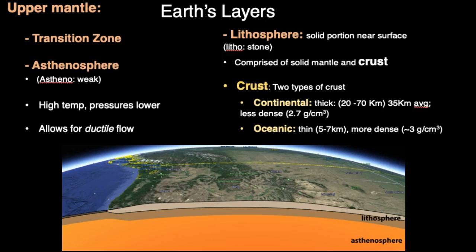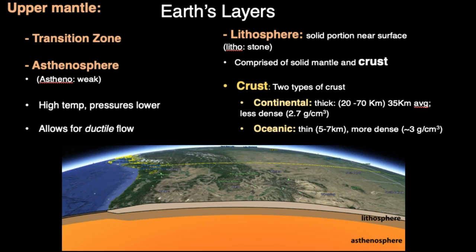Okay, so again, looking at the chemical subdivision of the uppermost parts or layers of the Earth's interior, we have the crust, and the crust is subdivided into two, the continental crust and the oceanic crust. The continental crust tends to be much thicker than the oceanic crust, and it tends to be less dense, more buoyant.